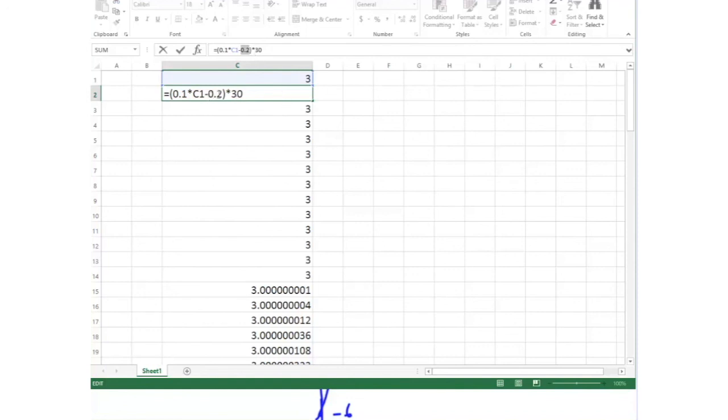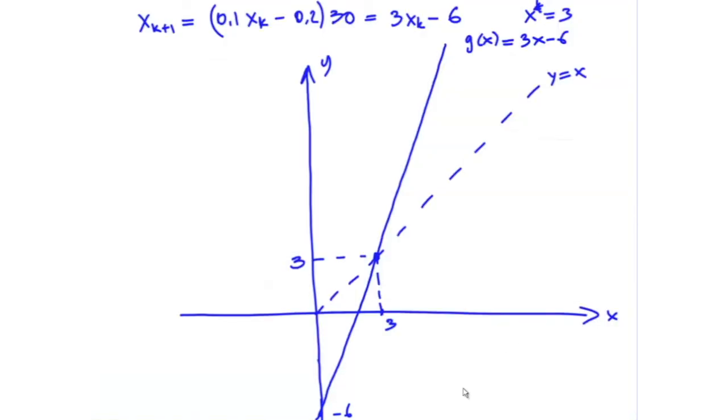So 0.2 is approximated with some number that is very, very close to 0.2, but it's not a precise value of 0.2 in the binary form. Because of that, we have a slight error, and at some point we start deviating from 3. So we essentially get some point which is very close to 3, but not quite there. As a result, we will move to this point here, then to this point here. And you can see that we start diverging very quickly.